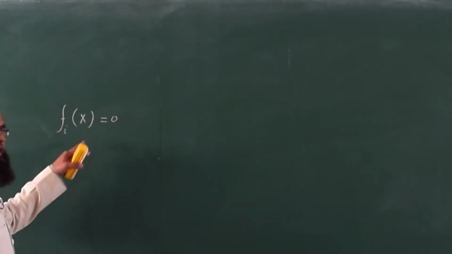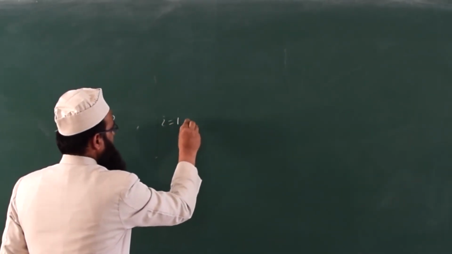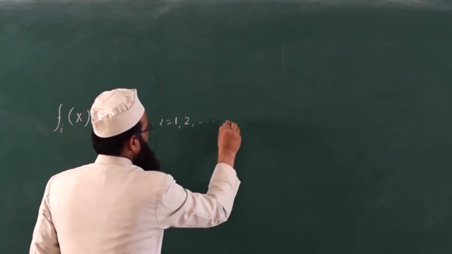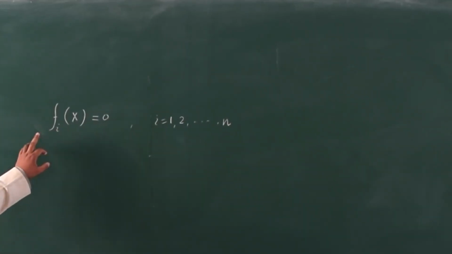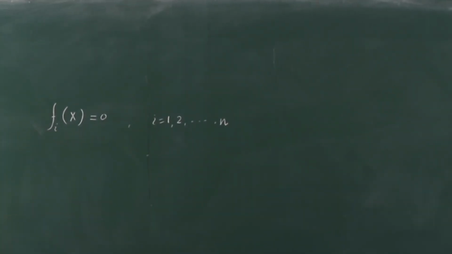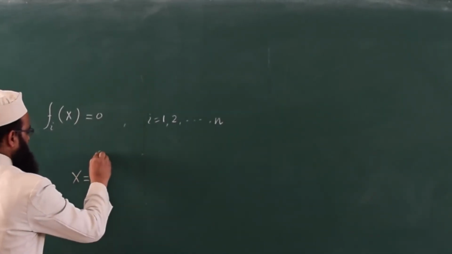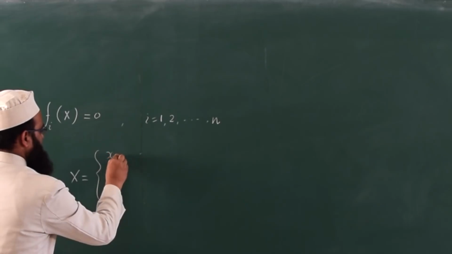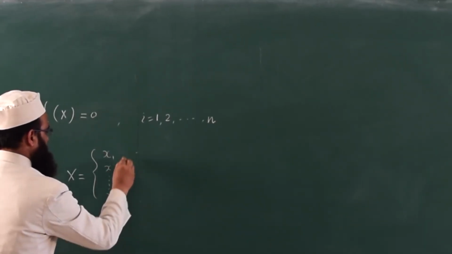Fi is a function of x where i equals 1, 2 up to n, meaning we have n non-linear algebraic equations in x, where x is the design vector having n design variables x1, x2, xn.